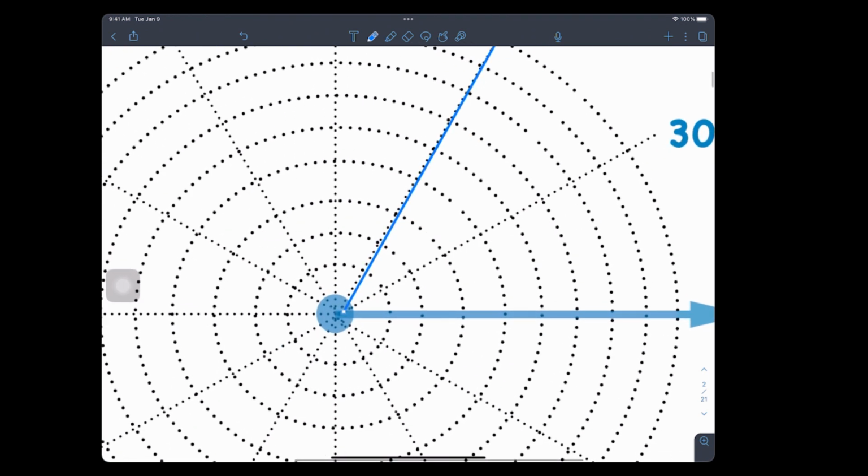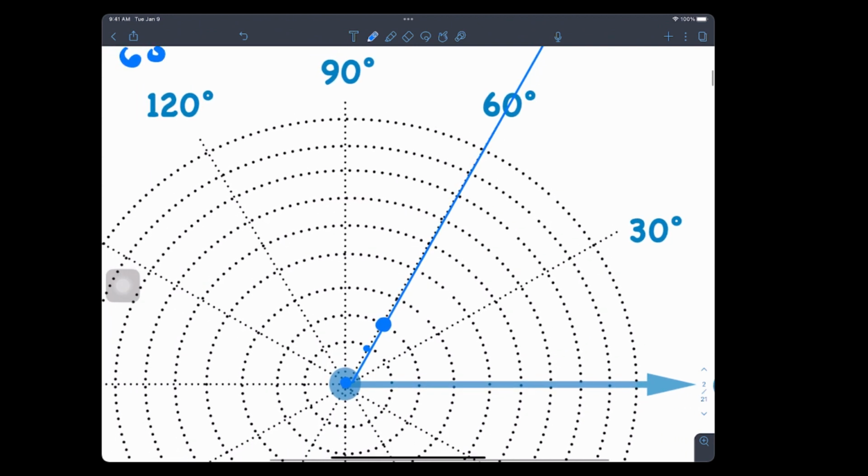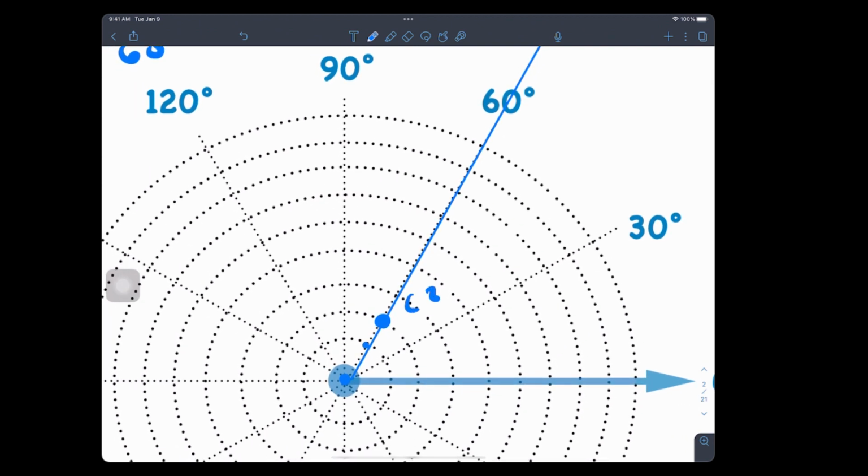So in other words, I go from this pole 1, 2 units, and ladies and gentlemen, this is the location of that point. It's (2, pi over 3). Or we could just label it with a letter like P.